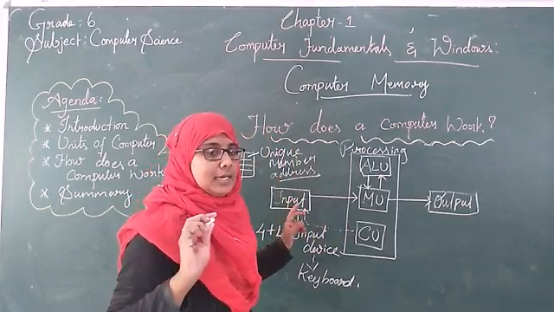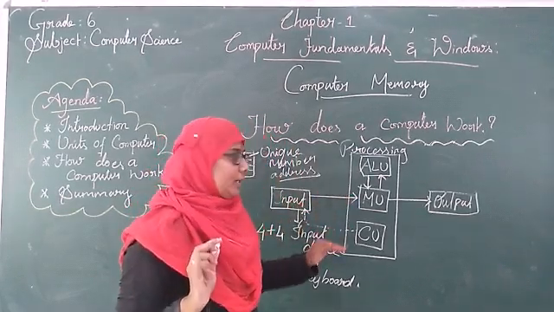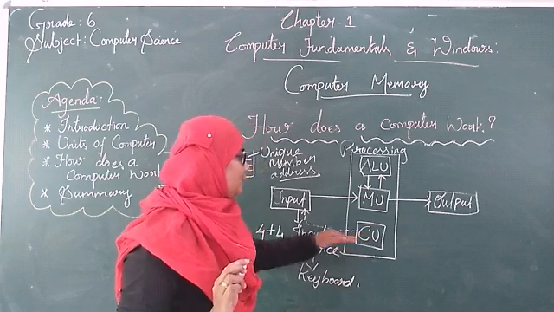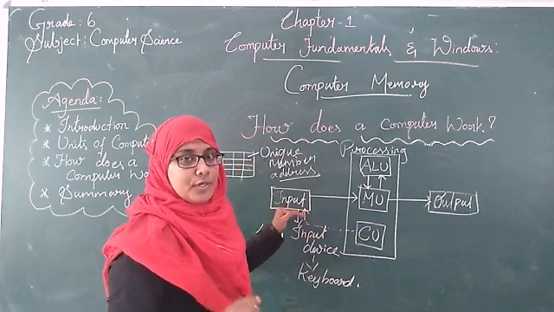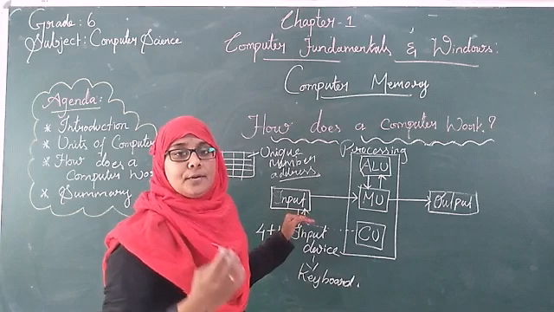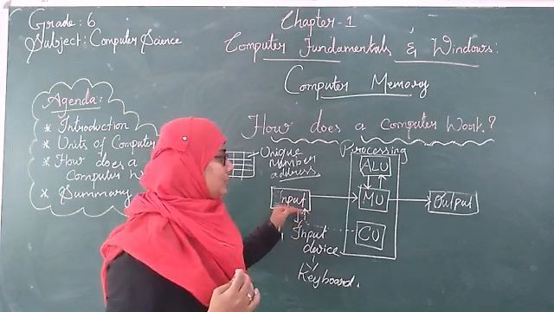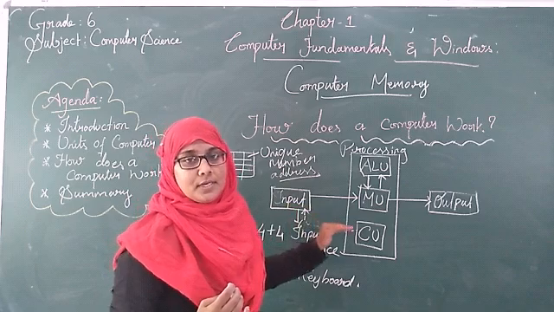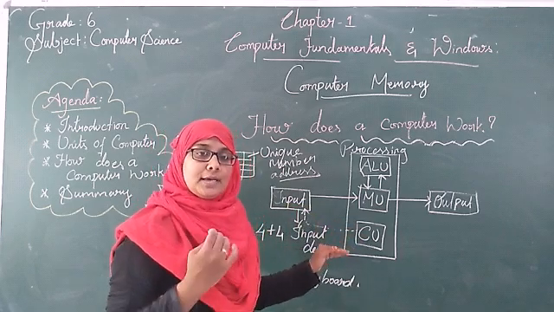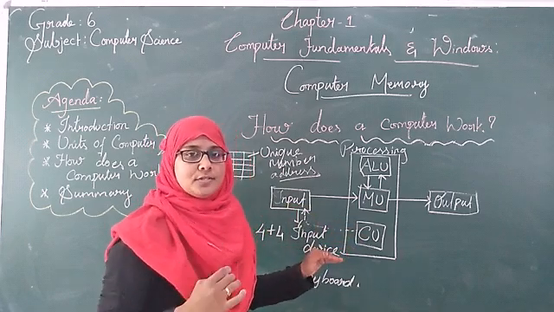If you want to send the input to the memory unit, the control unit has to give the instruction to the input unit to get the data from the user. Once it has received the instruction from the control unit, only then will it accept the input from the user.